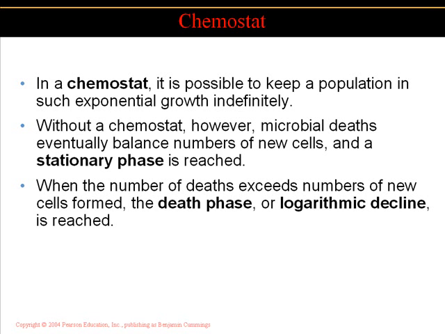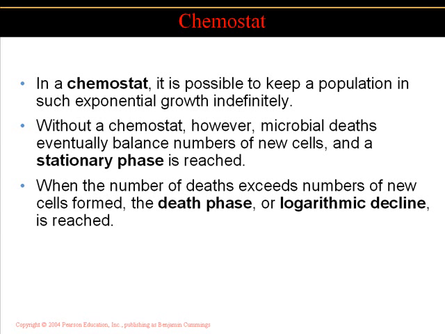Now that can be dependent on a number of things, such as the amount of nutrients available to support the bacterial growth, because remember, all of these bacteria are competing for the same nutrient source. So at some point there will be a plateau or a stationary phase, but in a chemostat they can keep generating exponential growth indefinitely.